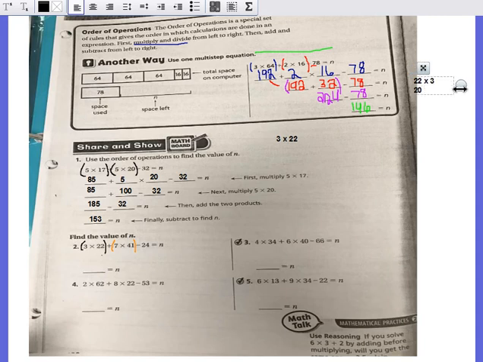Okay, so 20 times 3 is 60. And then 2 times 3 is 6. So 60 plus 6 is 66.